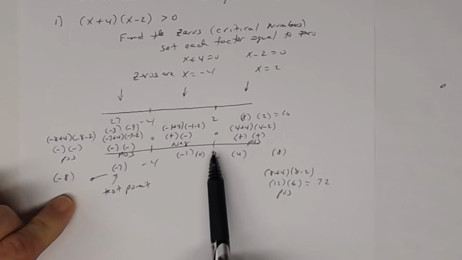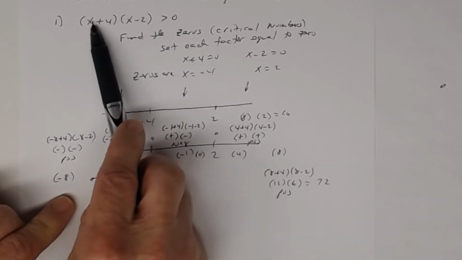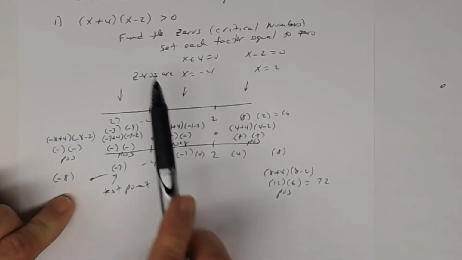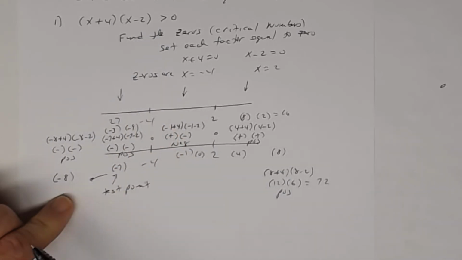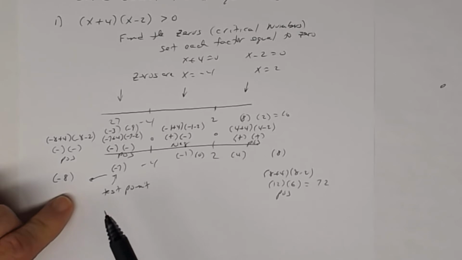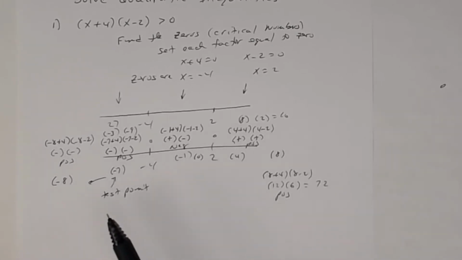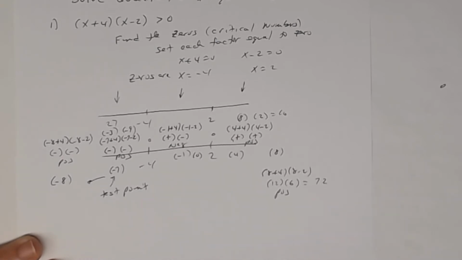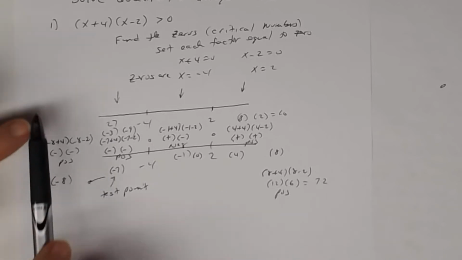From -4 to 2, this product is going to be negative. Between 2 and infinity, this product is going to be positive. Now you may say, all right, we did all this work, so how do I find the solutions to this inequality? How do I find the solutions? Very simple. This is the most work.